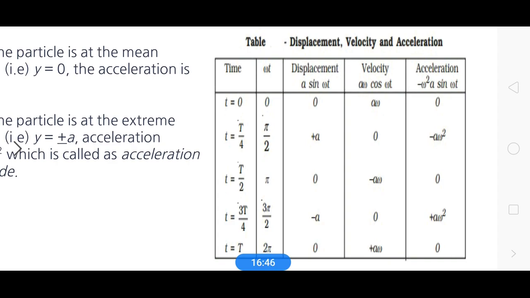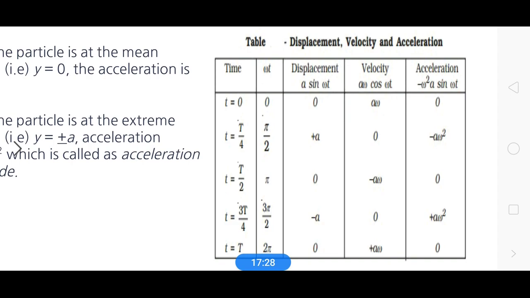What is the displacement here? y is equal to a sin omega t is the displacement of the particle, the velocity of the particle is a omega cos omega t, and the acceleration of the particle is minus omega square a sin omega t. So these are the values of displacement, velocity, acceleration of the particle executing SHM. I am considering different times: t is equal to 0, t by 4, t by 2, 3t by 4 and finally t, and the corresponding values of displacement, velocity, acceleration.